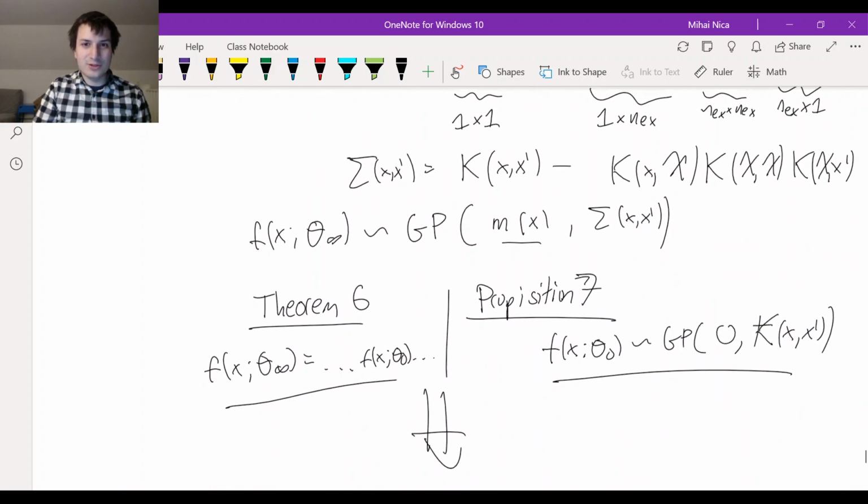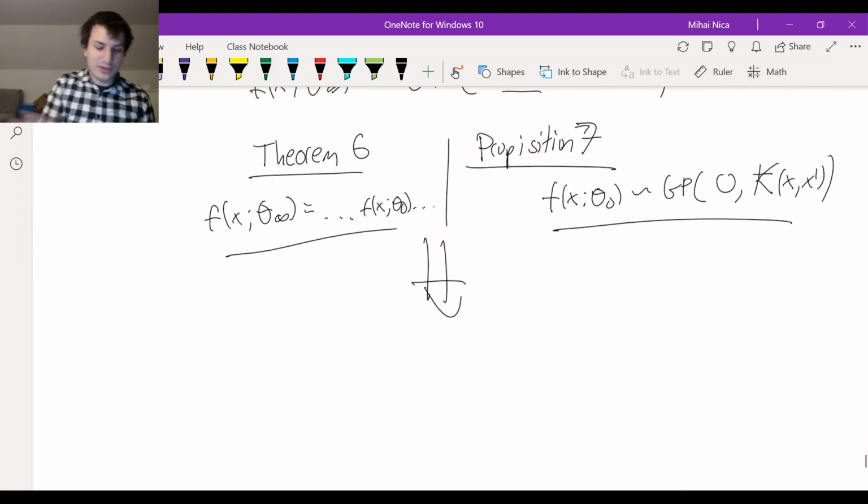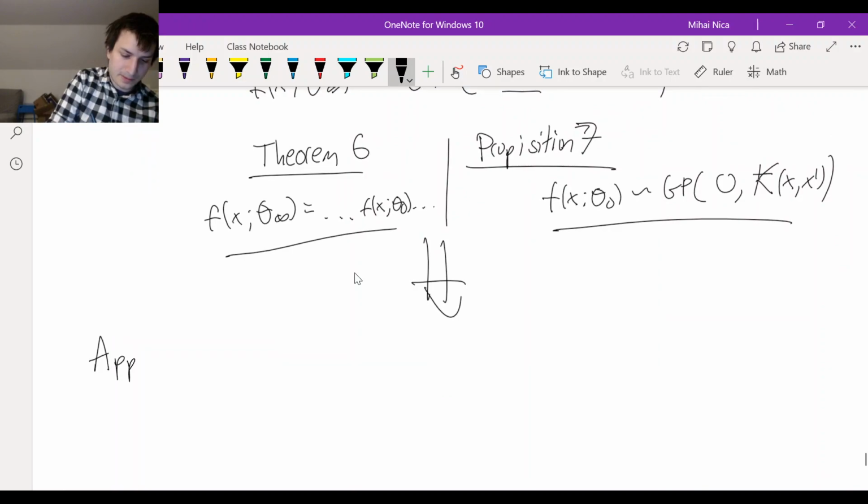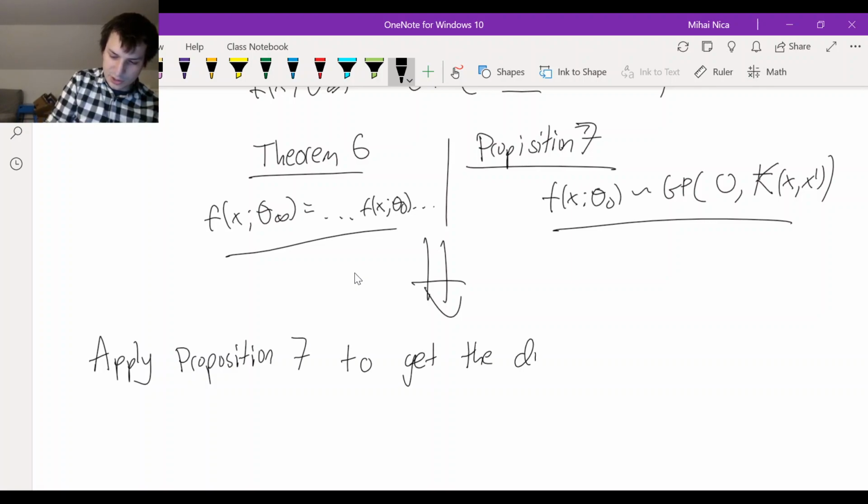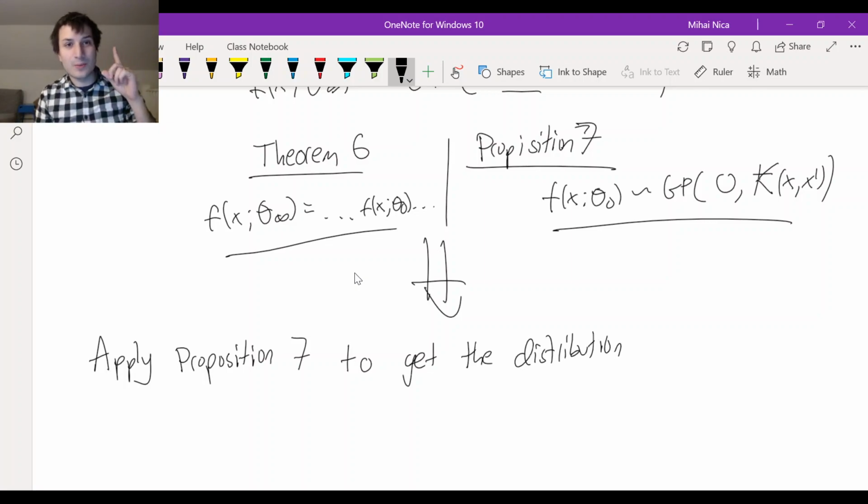Here's really how you do it. I'm going to apply Proposition 7 to get the distribution of this vector. I'm going to look at the point f of x, and I'm also going to look at all the training data.